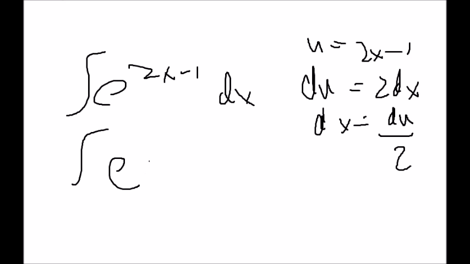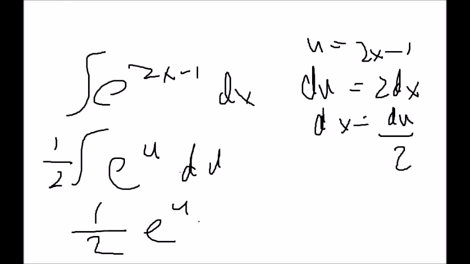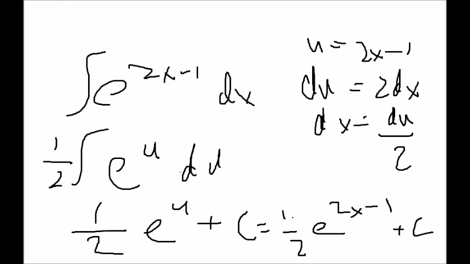Now we rewrite this as e to the u du, and then bring out the 1/2. And then from there, it's easy. It's 1/2 e to the u plus c, which is 1/2 e to the 2x minus 1 plus c.